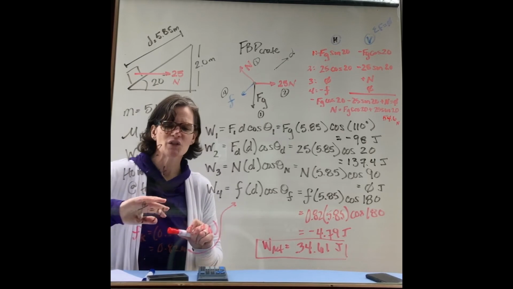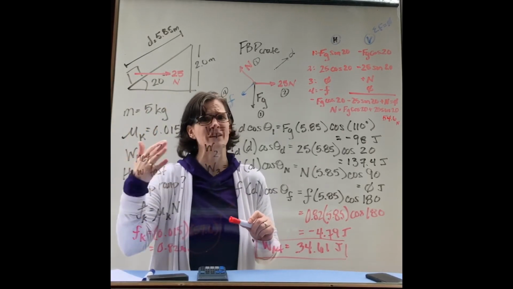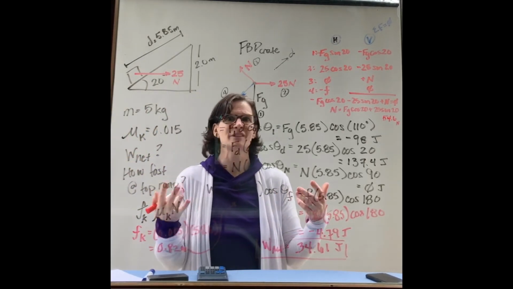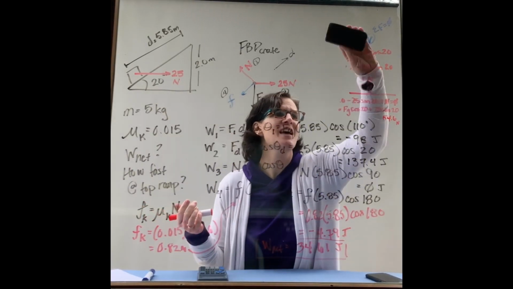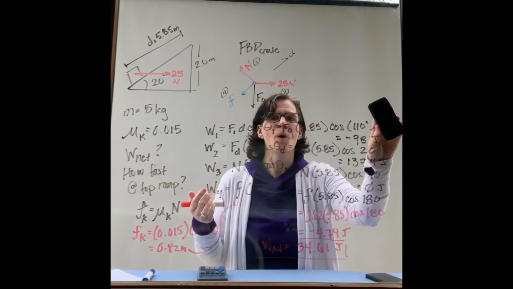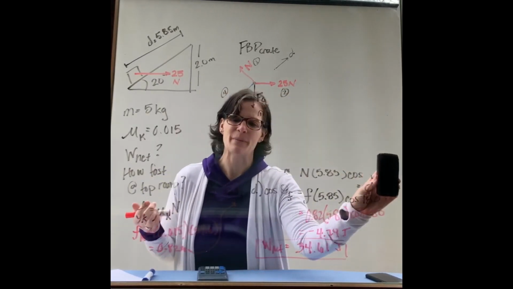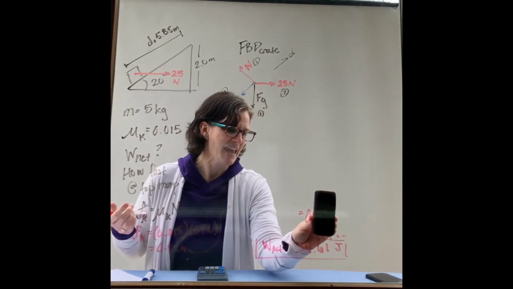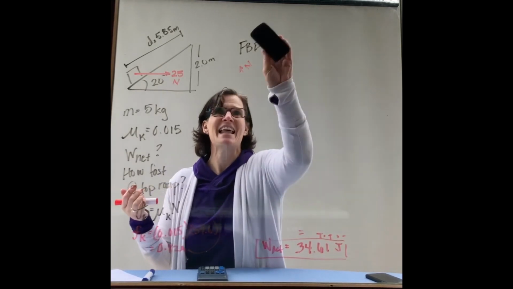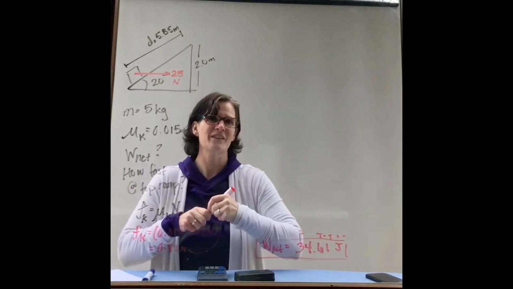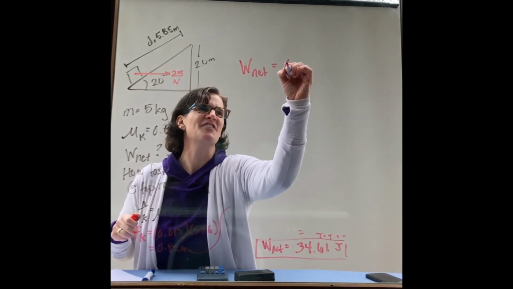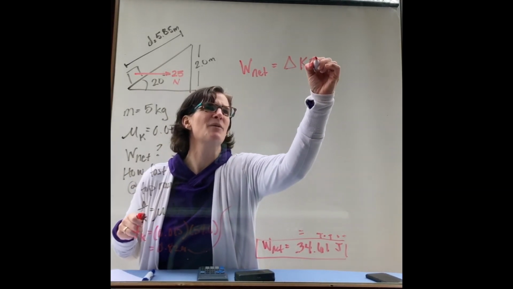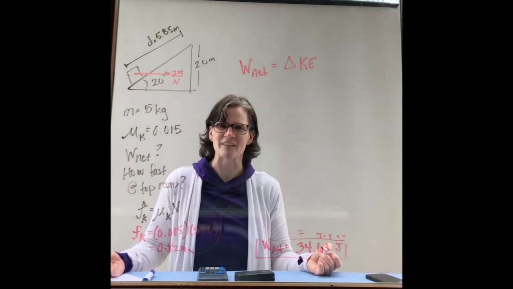All right, so how fast is it moving at the top of the ramp? Well, we could do a whole force analysis and a kinematics process and all of that, or we can recognize the power of work and energy. If we know the net work, we want to remember the work energy theorem, which tells us that the net work is equal to the change in kinetic energy.